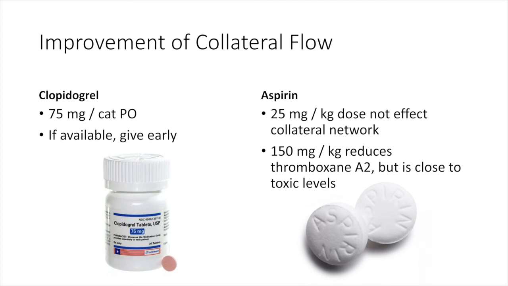Both clopidogrel and aspirin have been shown to improve feline collateral flow. Although aspirin has historically been a more cost-effective drug than clopidogrel, cats metabolize aspirin poorly, and therapeutic levels can be toxic. Therefore, its use is often reserved for when clopidogrel is not available or if the cat demonstrates that it is not responsive to clopidogrel.